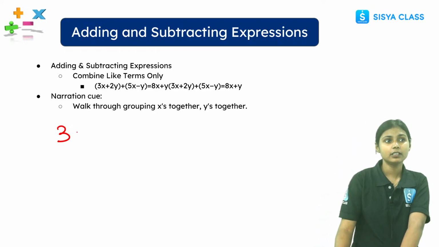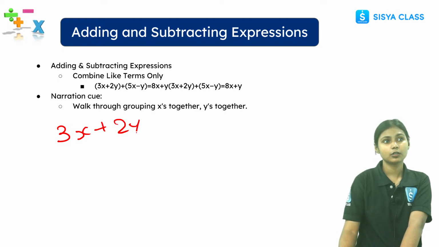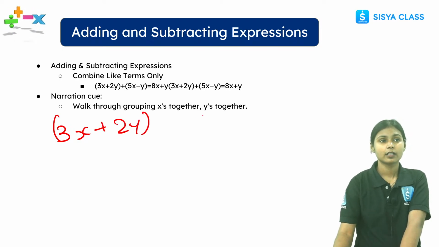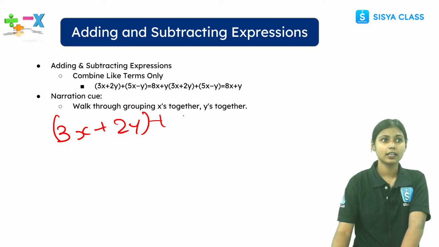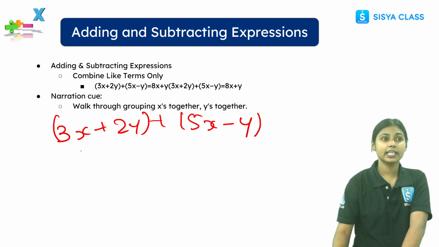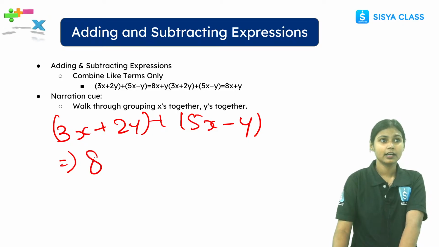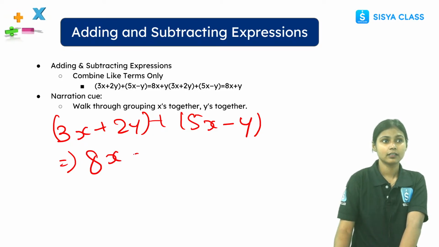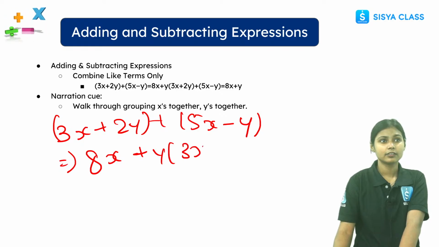For example, 3x plus 2y plus 5x minus y.